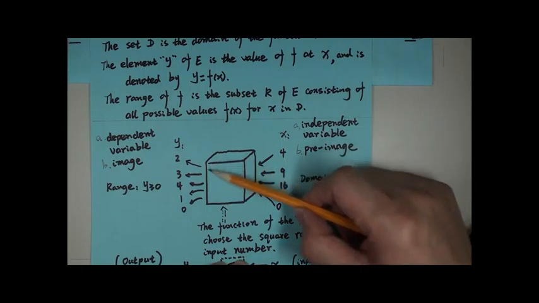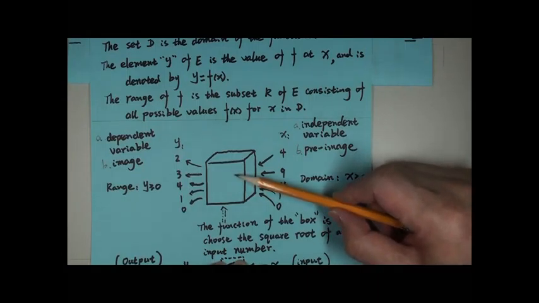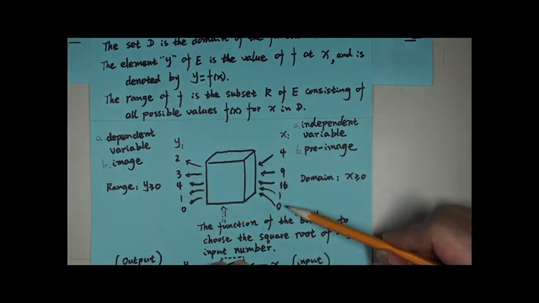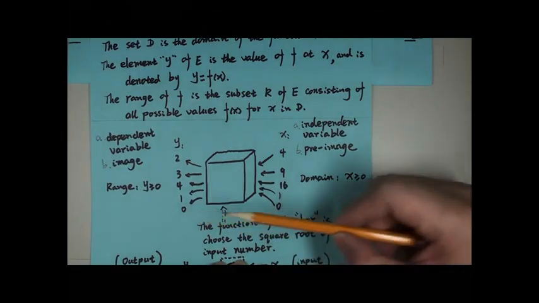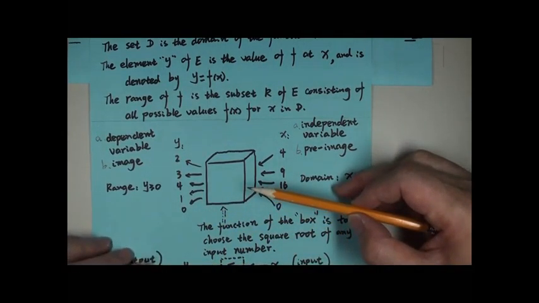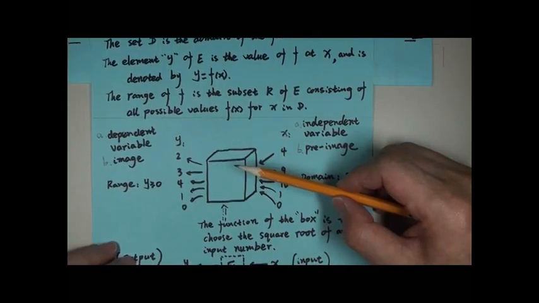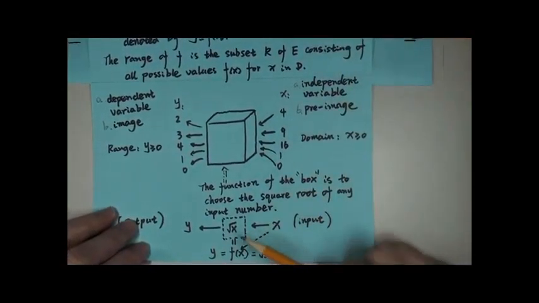If you input 1, it chooses the square root of 1, so it has 1. If you input 0, the square root of 0 is also 0. So the function of this box is to choose the square root, and that's the picture right here.